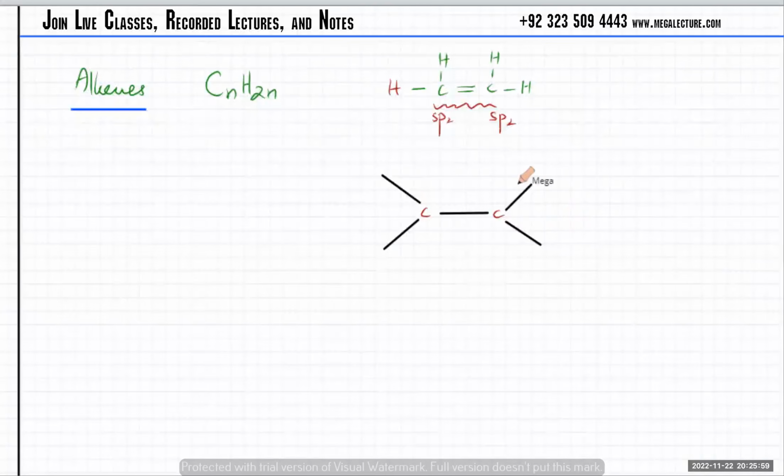अच्छा ये था. Now the thing was okay, I mean there was an H bonded over here, an H bonded over here, an H bonded over here, and an H that is bonded over here, ठीक है.